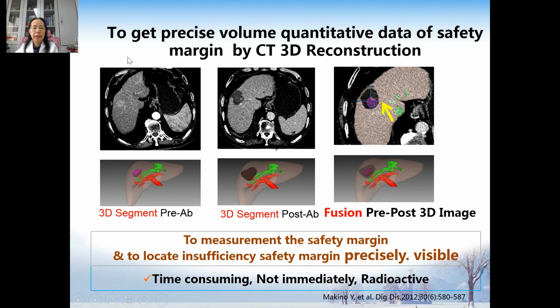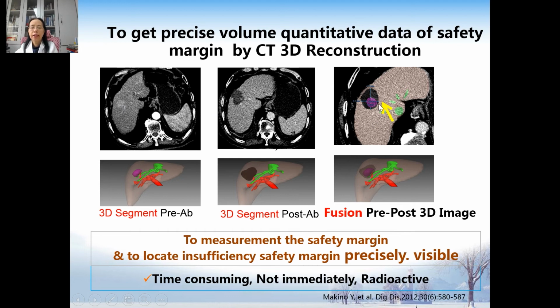By CT, we can get precise volume quantitative data of the safety margin by 3D CT reconstruction, just like this picture. Before ablation and after ablation, we can segment the tumor and the ablation zone. Then we fuse the two volume images.